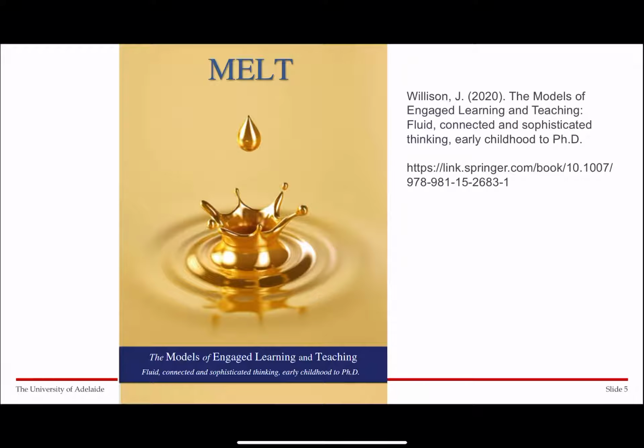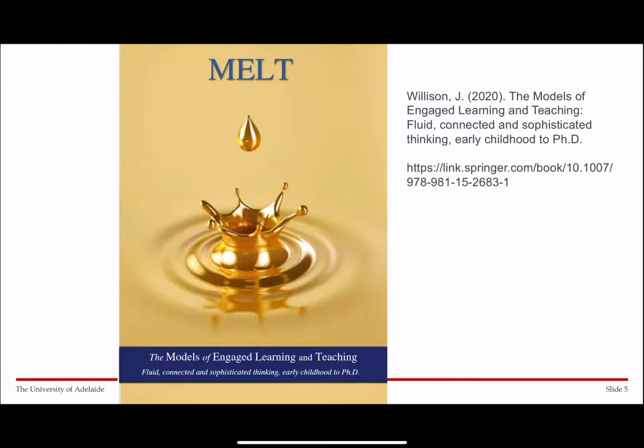There's different terminology used, different ways of representing the thinking, but there's also some things in common, and MELT likes to emphasize the commonalities without overriding the differences. So the link is here in the discussion board and in the readings for the course.